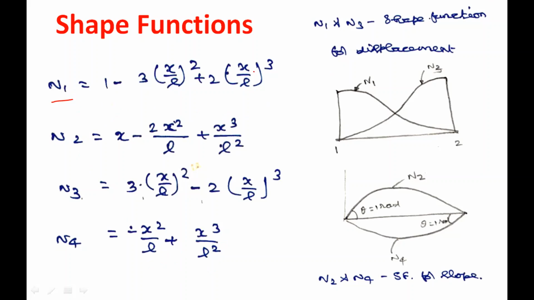The shape functions are third order. If you see, all the shape functions have the x cube term. Since we have assumed a third order polynomial, we are getting shape functions also in the third order.